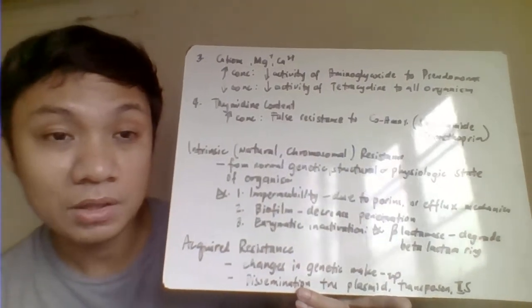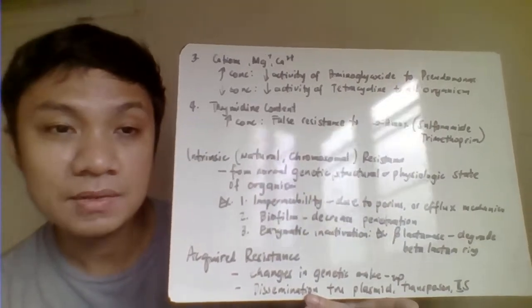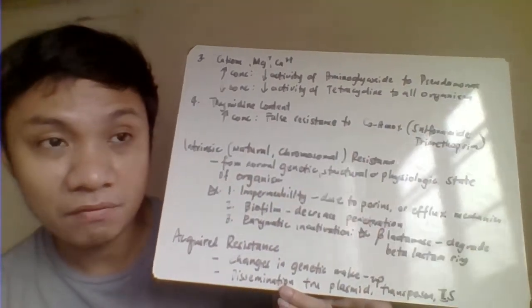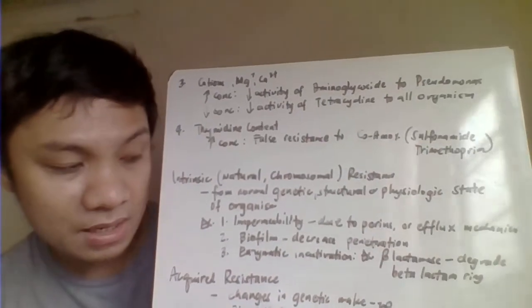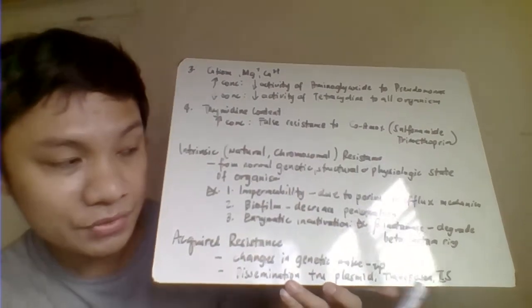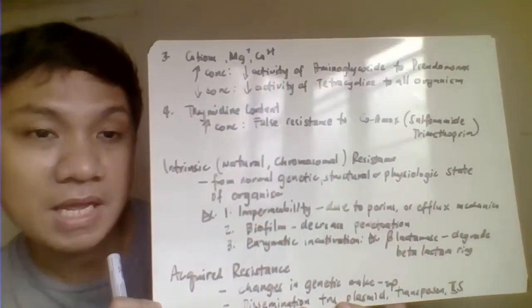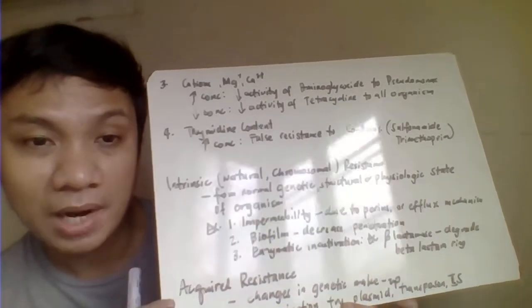So that would render the previously susceptible organism resistant as well because of their genetic exchange. They can exchange their plasmid, their transposon, or even your insertion sequence. Those are your jumping na mga chromosome, di ba? So therefore, they acquire resistance.